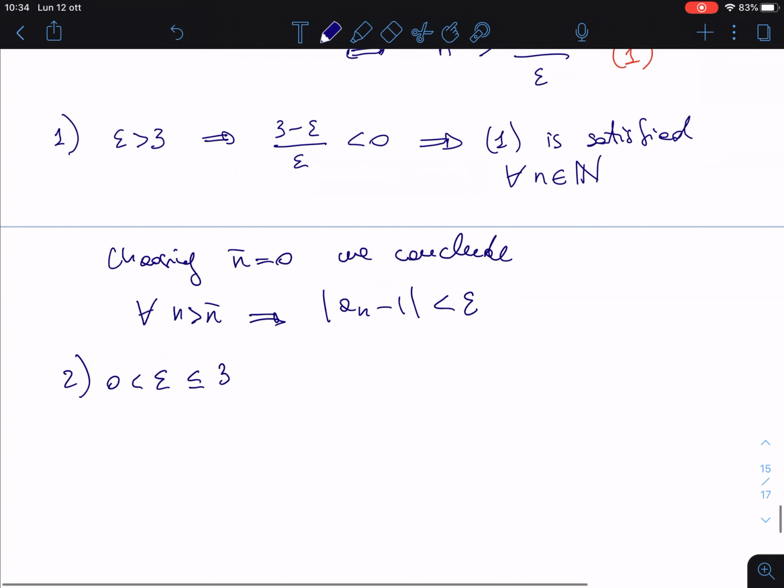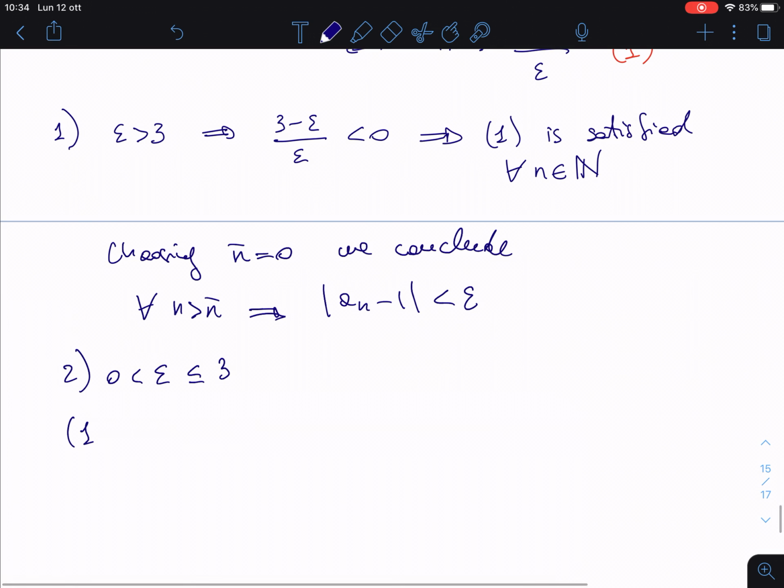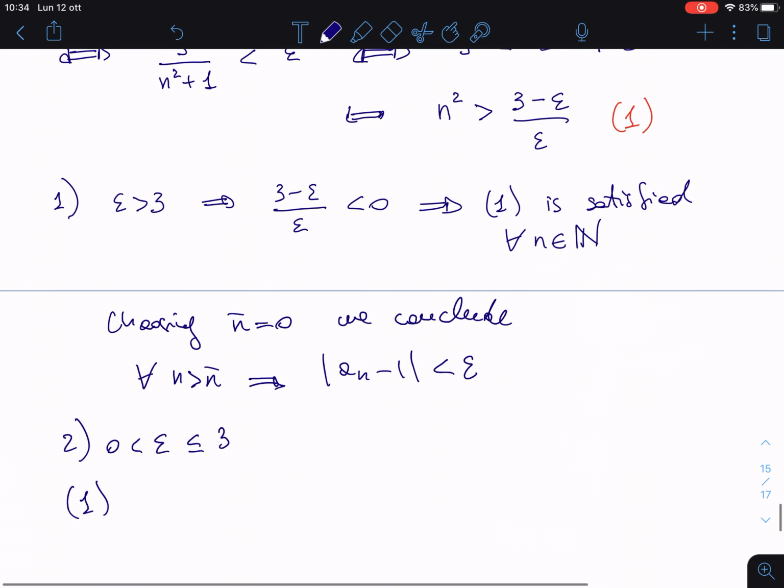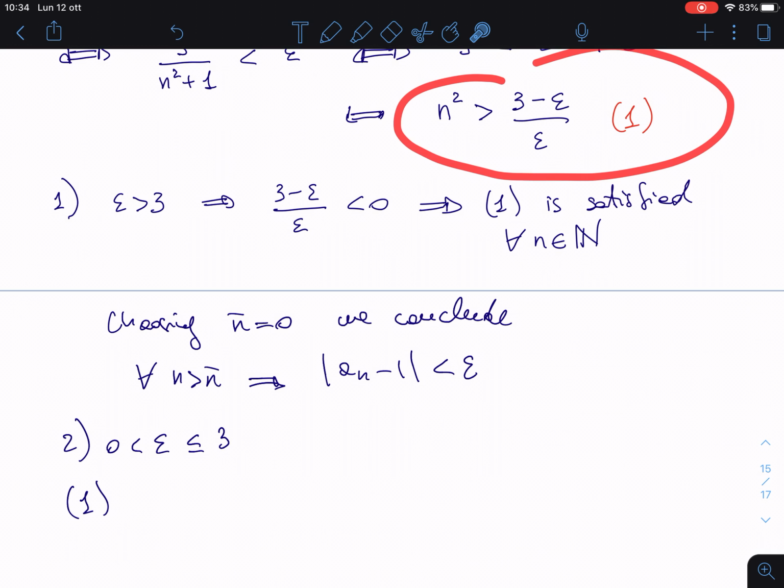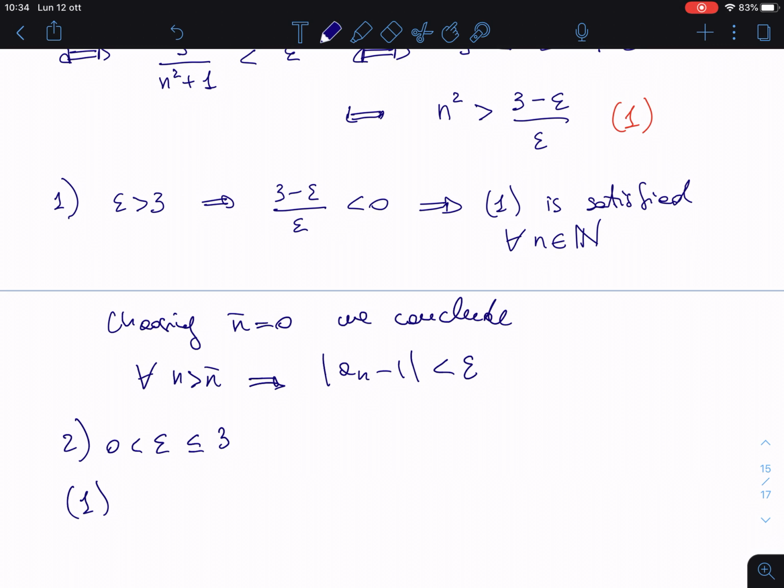So what we have here is that (1) is this inequation here. (1) is satisfied for every n larger than the square root of (3 minus epsilon) divided by epsilon.